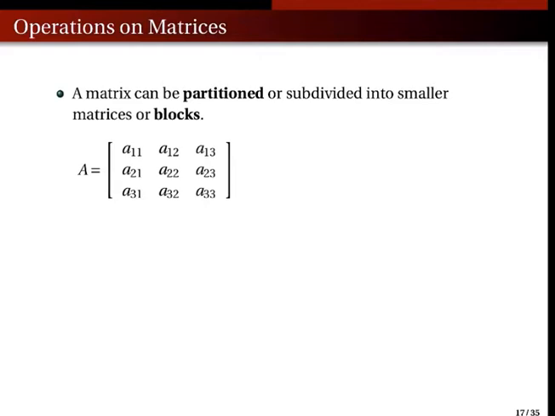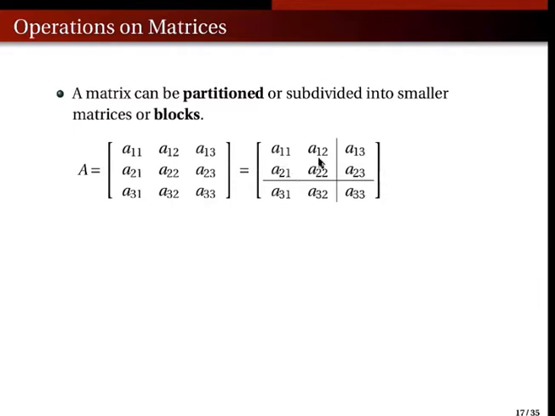So we can partition this into the following. We look at this submatrix here, A11, A12, A21, A22. We also have this partition here, A13, A23. We have this partition here, A31, A32. And this partition here, A33.